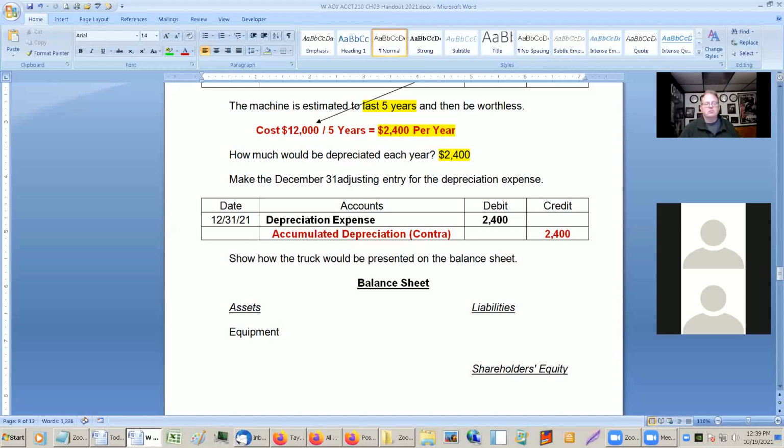Equipment for 12,000. We're going to subtract out the accumulated depreciation.